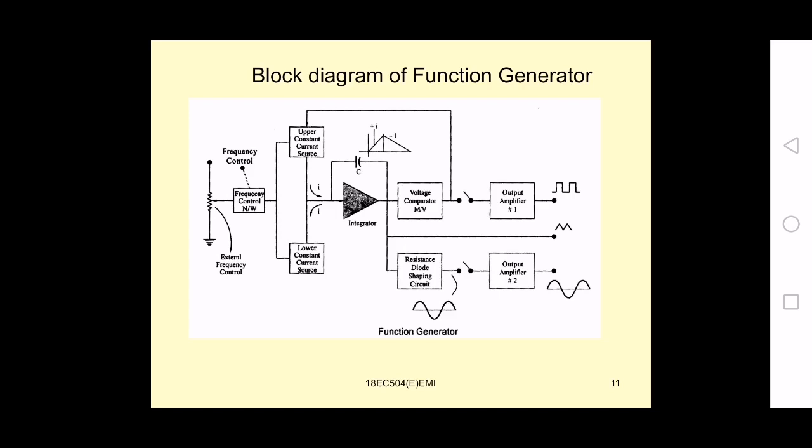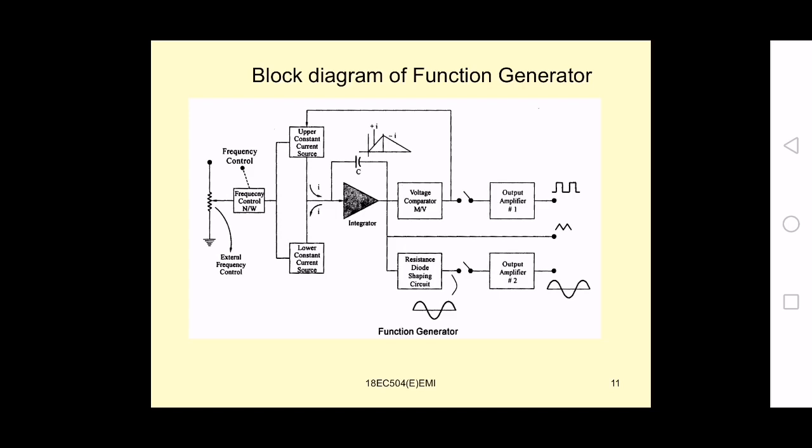First one is the upper constant current source, which supplies the constant current to the integrator. So first we are taking this frequency controlled voltage network, and first we are applying that to the upper constant current source.